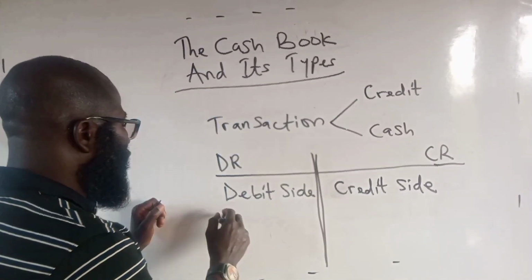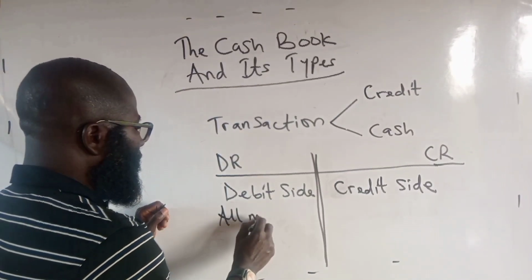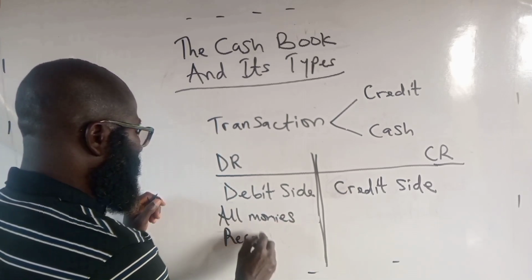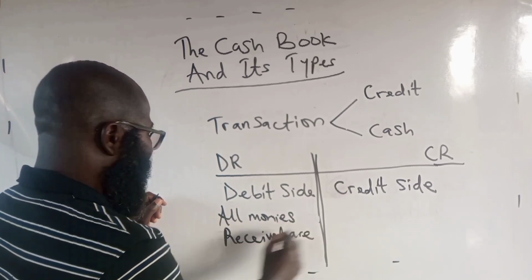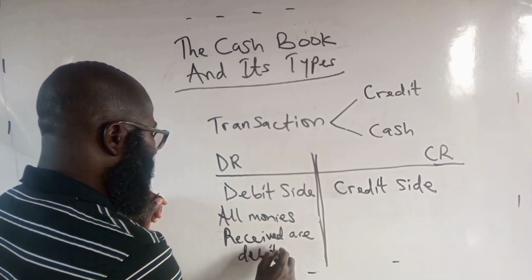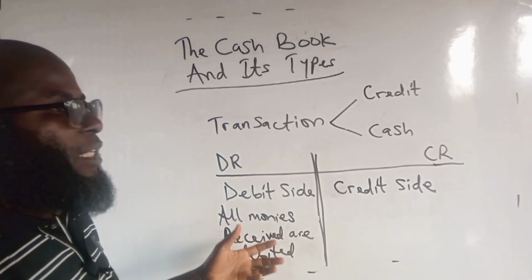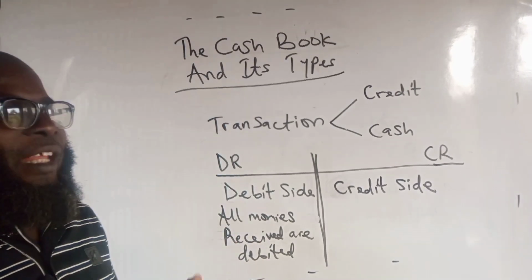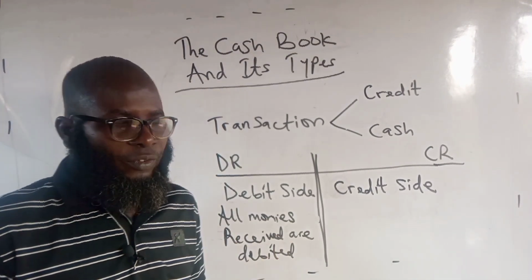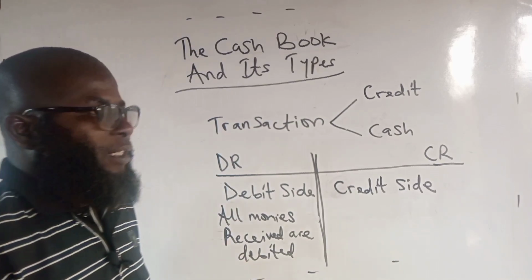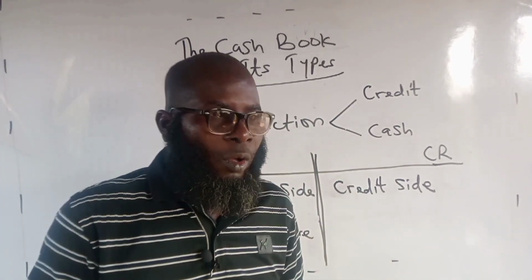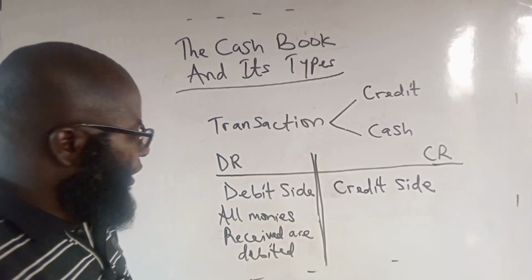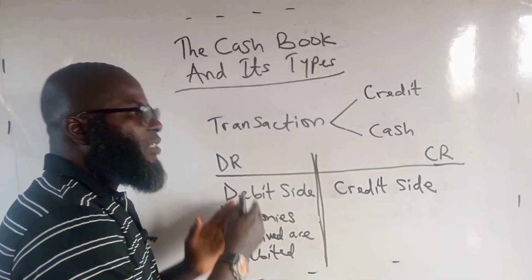So any money that comes in, all money received, is debited. This means that as a businessman, if at the end of the day you want to prepare your accounts, any money that comes in, that is the cash inflow, you have to record such transaction or posting on the debit side.